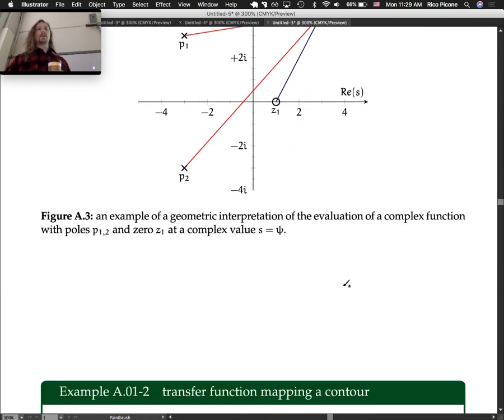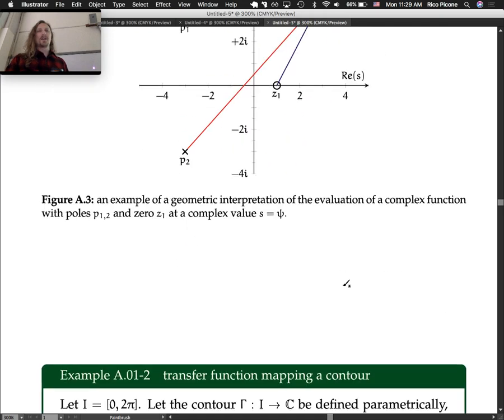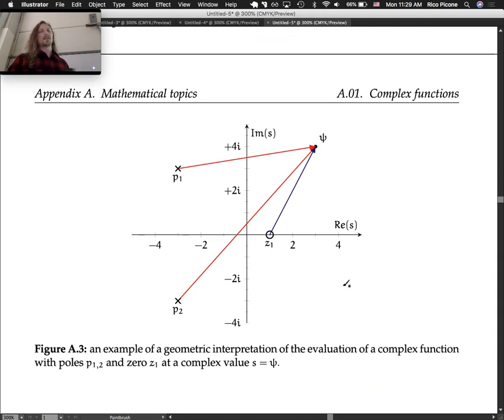We're not even going to do this last example or look at the mathematical code because that's specifically talking about contours. But this geometric interpretation of evaluating a function and thinking of it as these vectors in the complex plane is really useful for root locus analysis. So that's what we're doing this for.